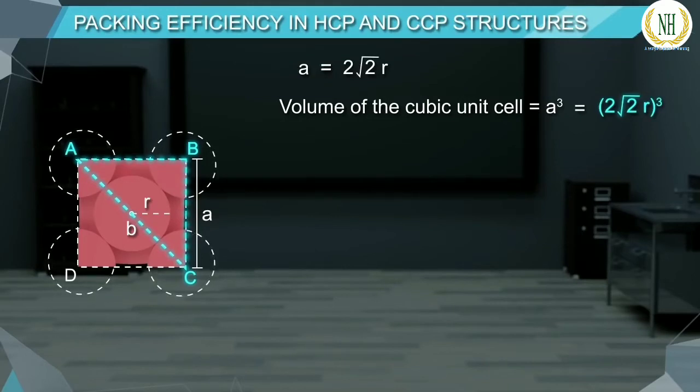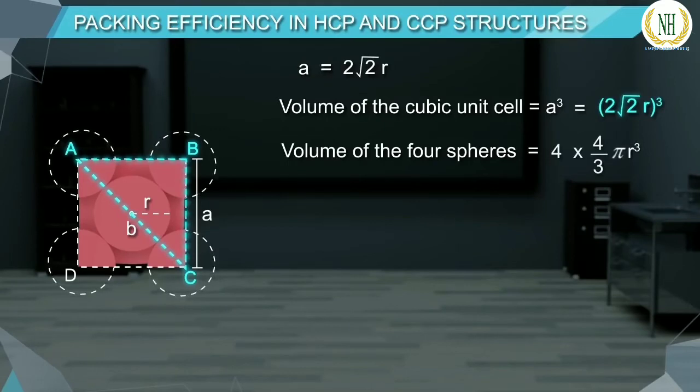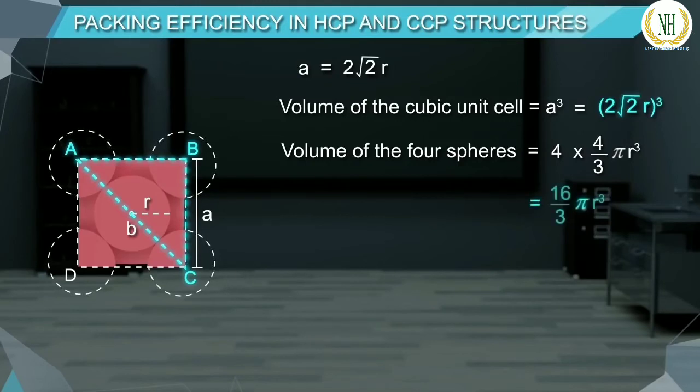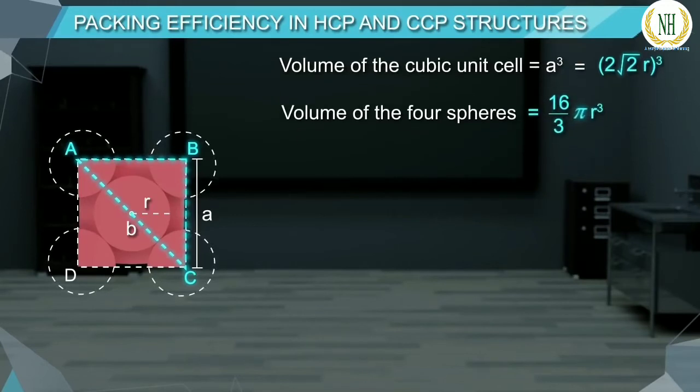We know that each unit cell in face-centered unit cell or CCP structures has 4 spheres or atoms. Volume of the 4 spheres is equal to 4 times 4/3 πr³, which is equal to 16/3 πr³. Now let us calculate packing efficiency.